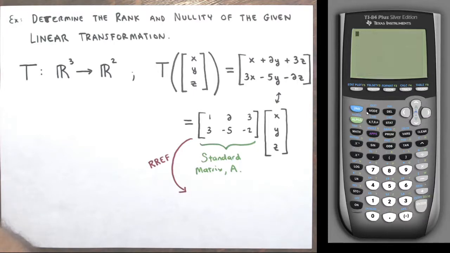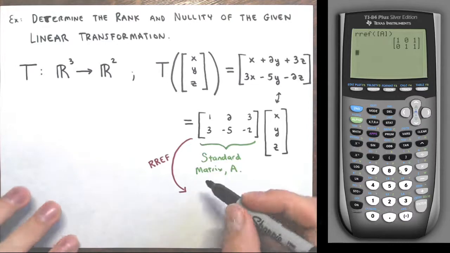Quit. Go back to the matrix menu, over to math, and scroll until I see RREF. Again, don't confuse this with REF. That's row echelon form, or just plain echelon form. RREF is reduced row echelon form. I go there, and then what matrix do I want to put in this form? Go back, under names matrix A that I have there, the 2 by 3, and here we have it.